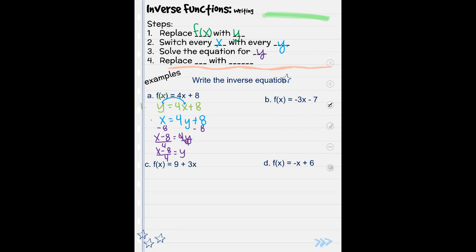Now, step 4 is we're going to replace that y with f to the minus 1 of x. So this little symbol here, this is just noting that it is an inverse function. That's what the little minus at the top of the f is. So here we have f minus 1 of x equals x minus 8 divided by 4.